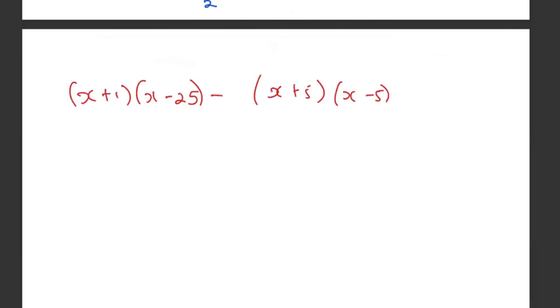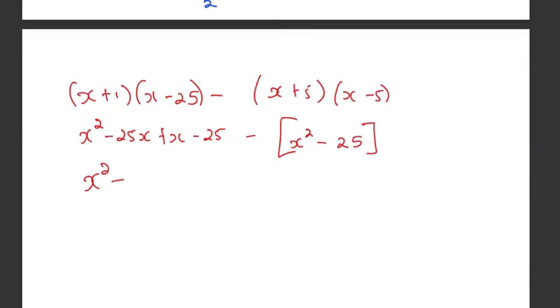So that's going to be x squared minus 25x plus x minus 25. We are subtracting. That's going to be x squared minus 25 because it's a difference of two squares. When you open this up, it's x squared minus 24x minus 25 minus x squared plus 25.